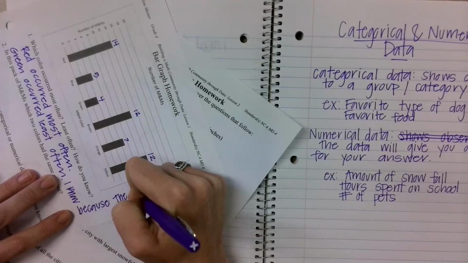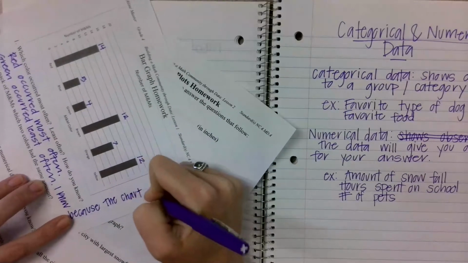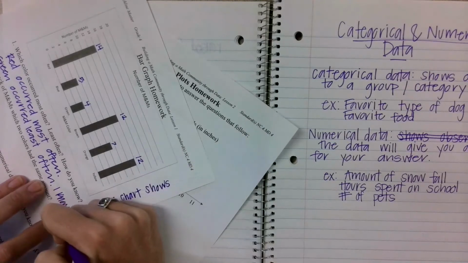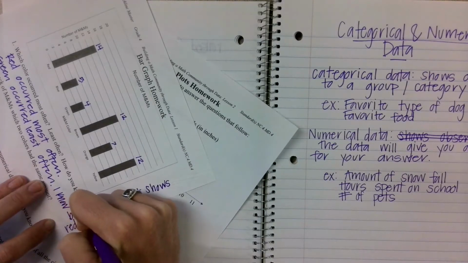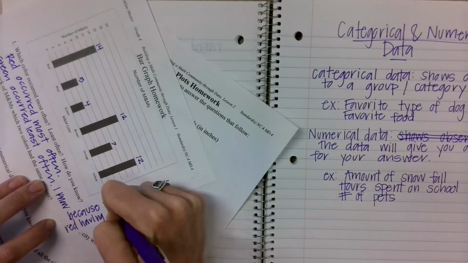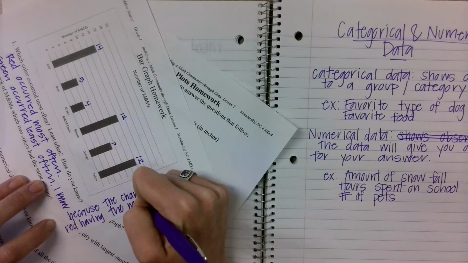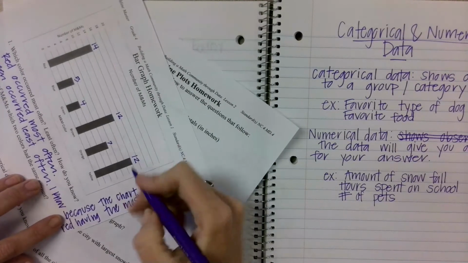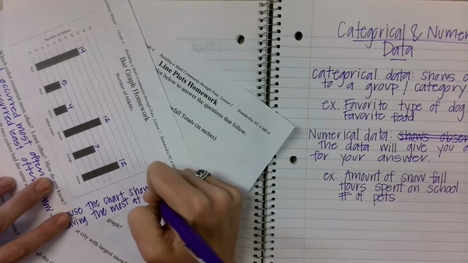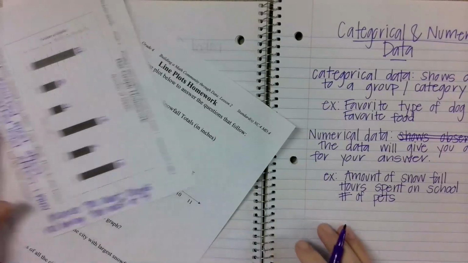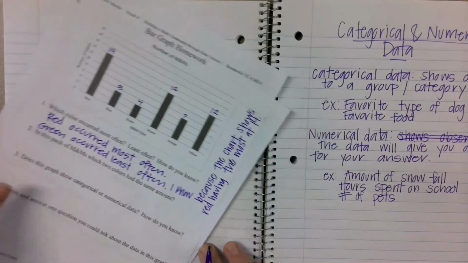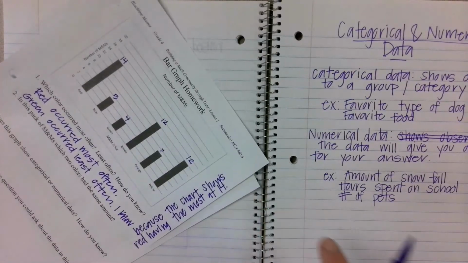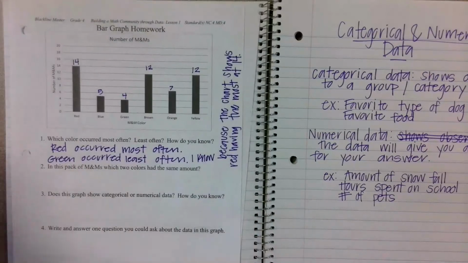I know because the chart shows red having the most at 14. Oh my goodness, I am so sorry that I'm turning it all sideways. That was not my intent, but because the chart showed red having the most at 14. Okay, how do I know? I looked at the chart.